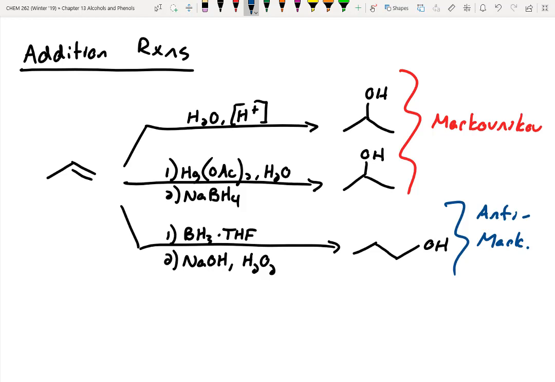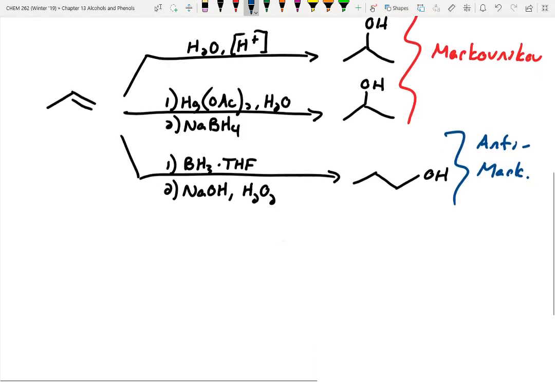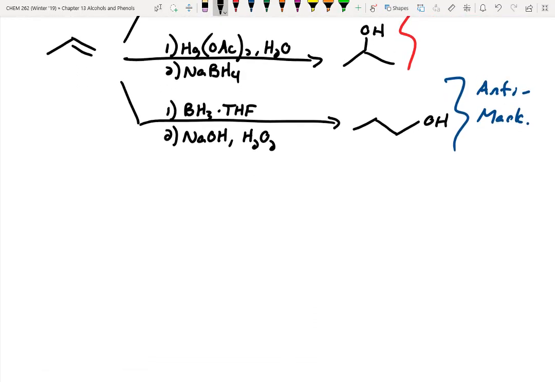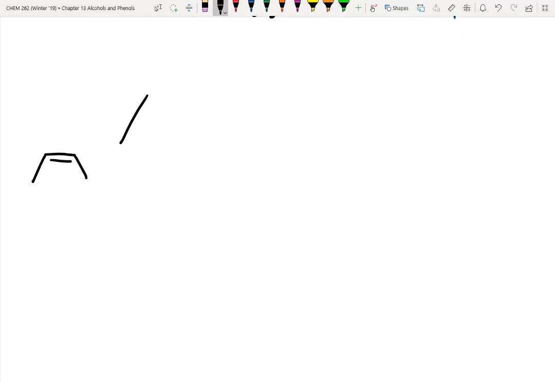All right, and then in addition to this, we saw methods for creating diols where we have two alcohols. So let's briefly review those. And again, we had three different ways of making diols here.